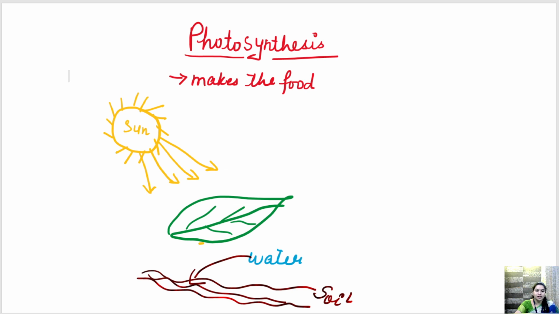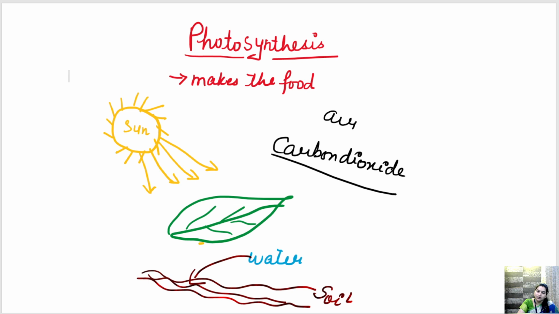What else does it require? It requires carbon dioxide. What does it require, children? It requires carbon dioxide. And from where are they getting the carbon dioxide? Carbon dioxide is present in the air. Okay. And how is it present in the air? When humans exhale it.